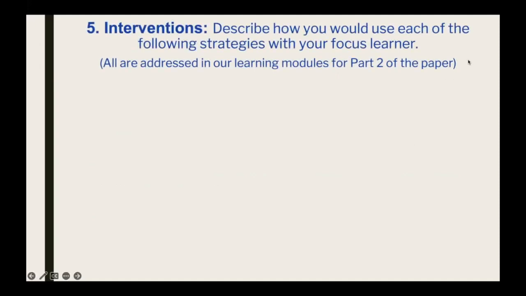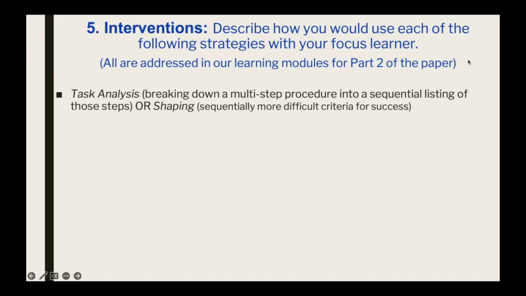And then comes the part of your paper where we actually describe how the interventions that are required to apply in part 2 would be used with your focus learner. You've got a choice of two, well, there are many more, but you have a choice of task analysis or shaping, sort of close cousins for steps that we take a student through as we improve their behavior.